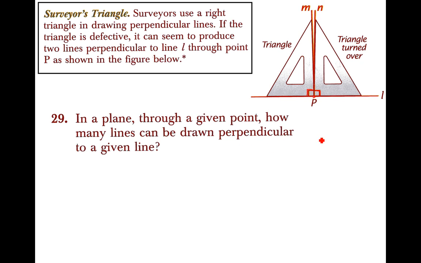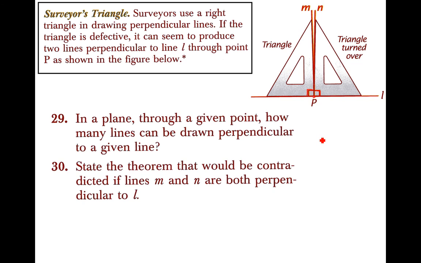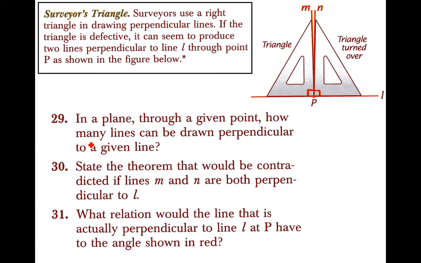How many lines can be drawn perpendicular to a given line? And then state the theorem that works. Finally, this one's worded slightly strangely, but what relation would the line that is actually perpendicular to L at P have to the angle shown in red?